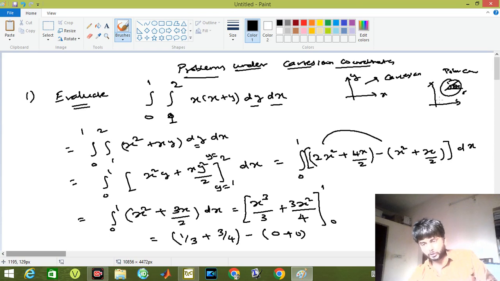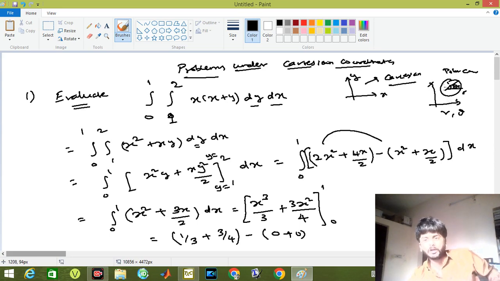Let me tell you some examples, so work out those examples. Before that, what is a Cartesian coordinate? Cartesian coordinates means x and y, and polar coordinates means r comma theta. There are some more coordinates also, like spherical coordinates, but they are not necessary for your syllabus.